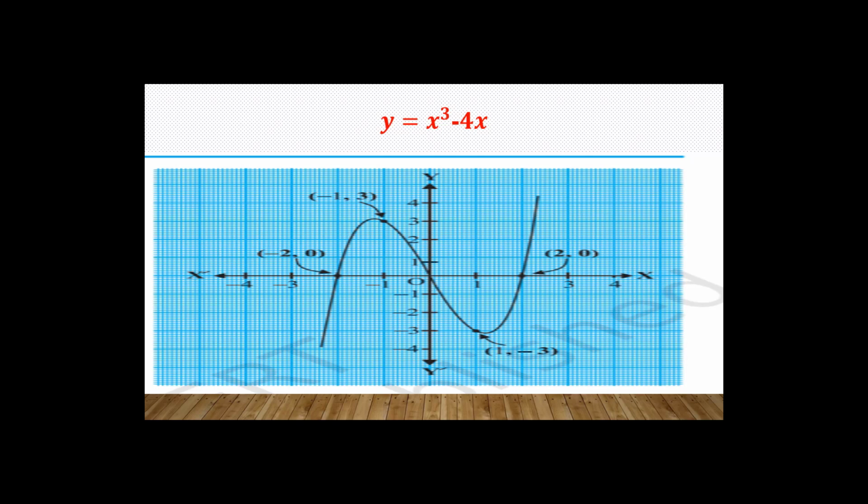So what are the zeros of this polynomial? They are -2, 0 and 2, the x-coordinates of the points. So what does it imply? It implies that a cubic polynomial has 3 zeros. Now, the question arises: does a cubic polynomial always have 3 zeros?